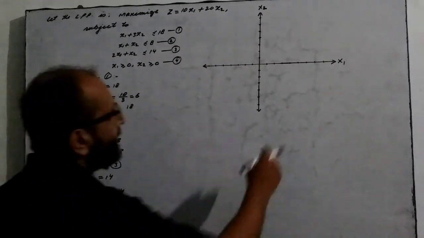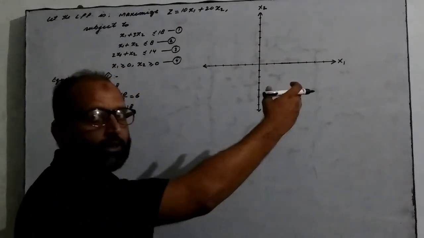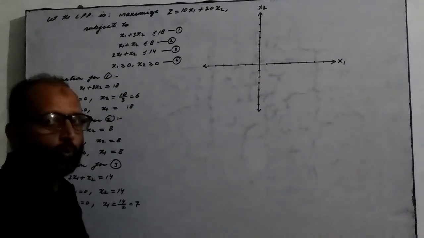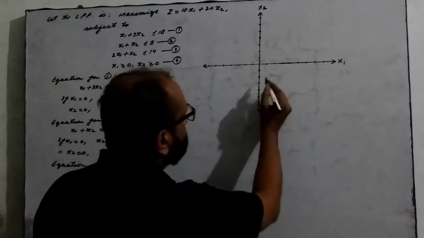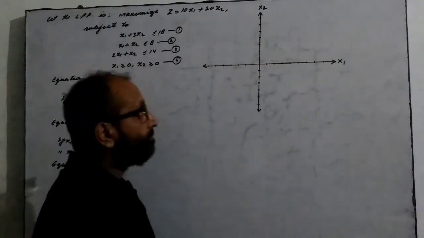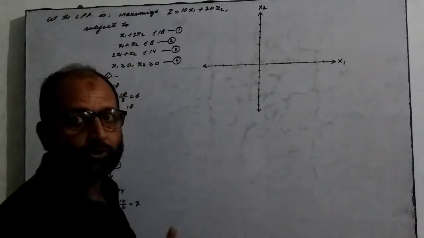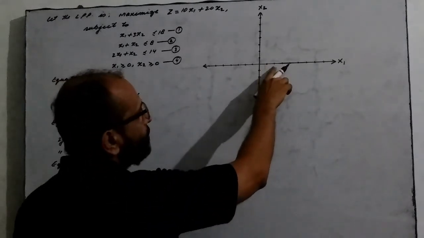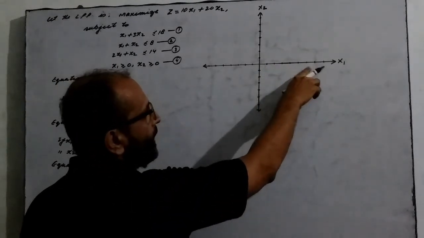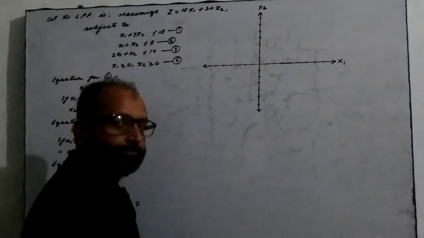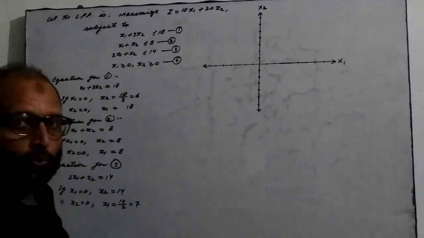So we should take the numbers on these graduations in such a way that the maximum value of x1 is covered. If we write 1, 2, 3, 4, 5, obviously the graduations are not sufficient. And if we take 2, so 2, 4, 6, 8, 10, 12, 14, 16, again we are short by 2.